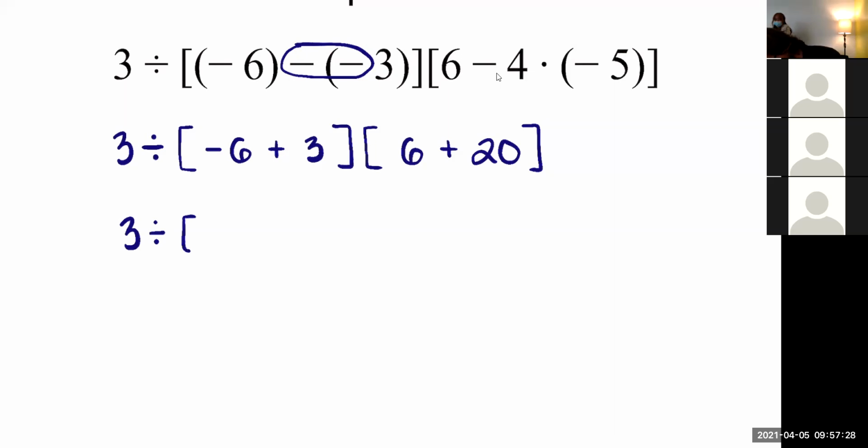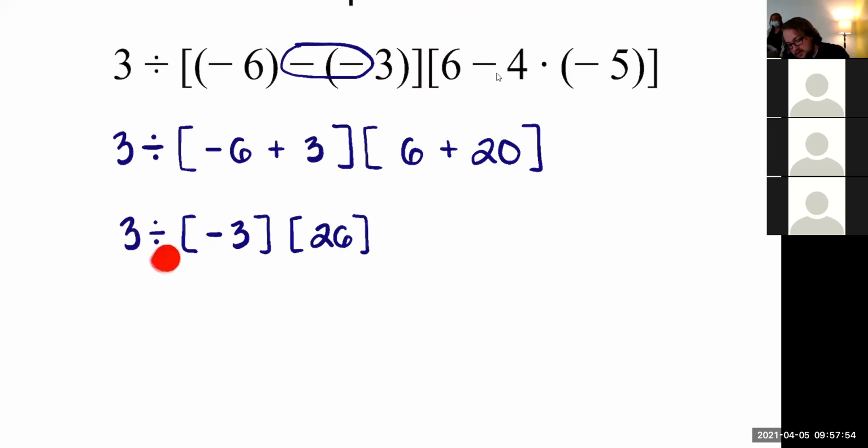So in our first set here, what is -6 plus 3? That's all that's left in there. A -3. And then in the second set of brackets, what's 6 plus 20? 26. So already it's getting compressed down very quickly.